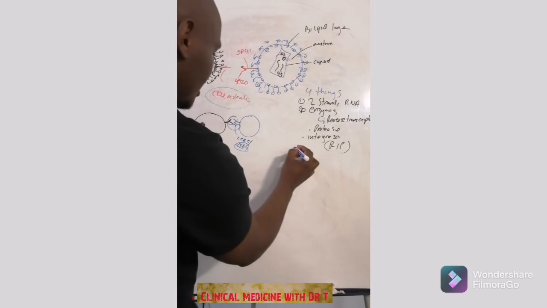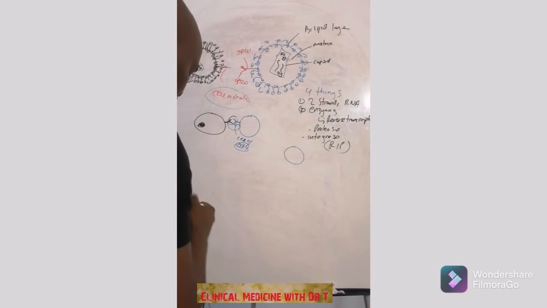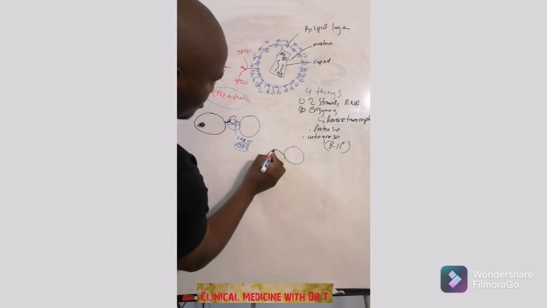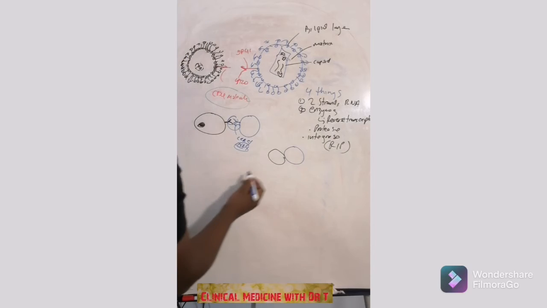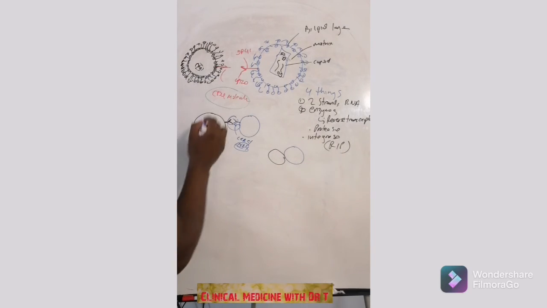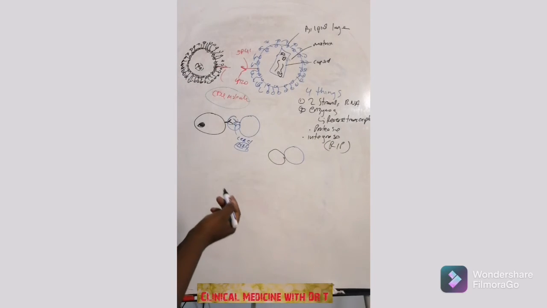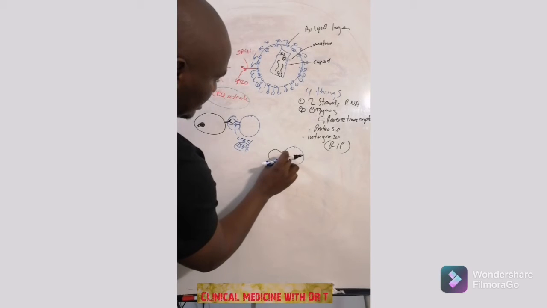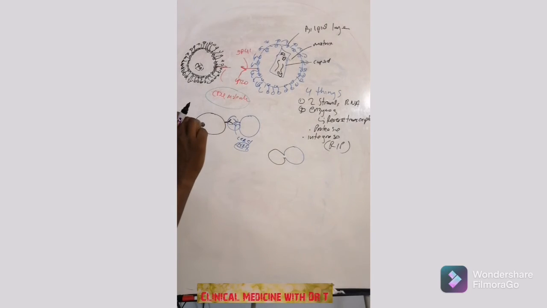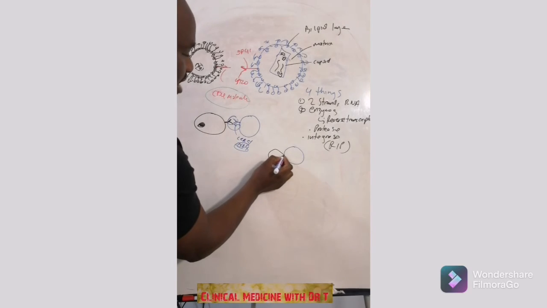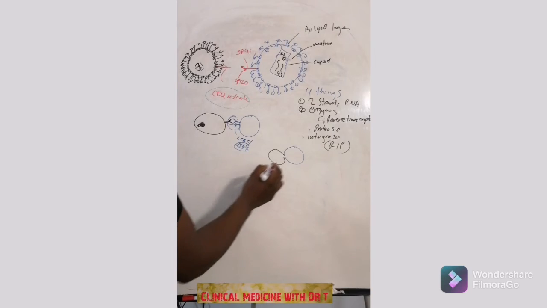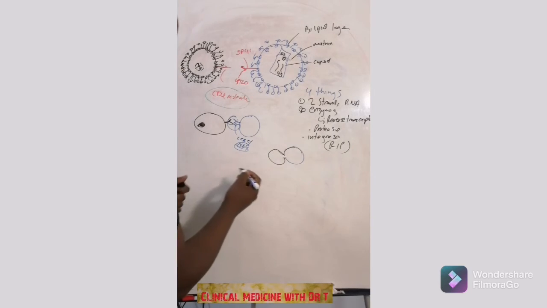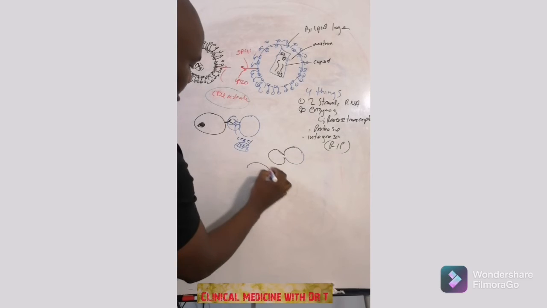Now you've got a situation like this. They are very close to each other now. Remember, this and this are the same. They are both bilipid layers. When that happens, there is an opening that occurs here, and this sort of becomes one.